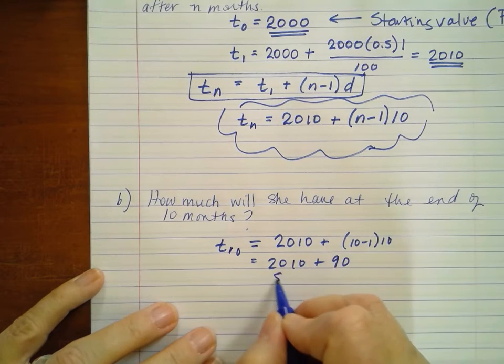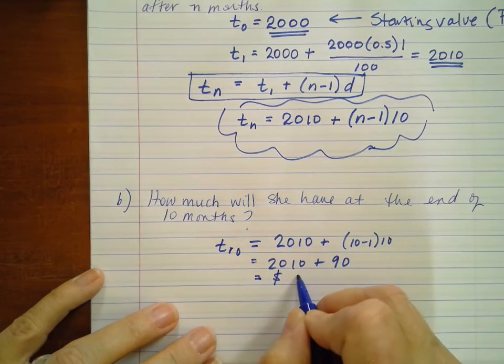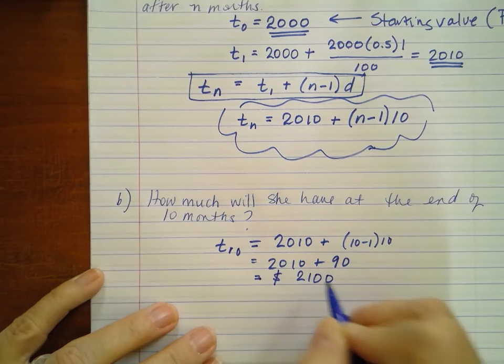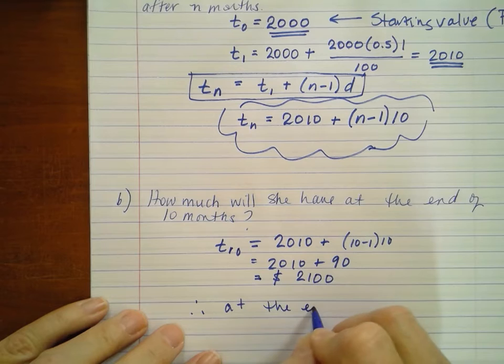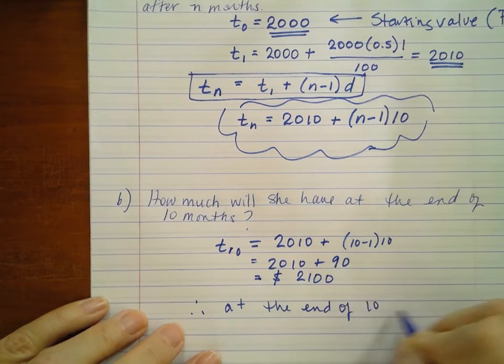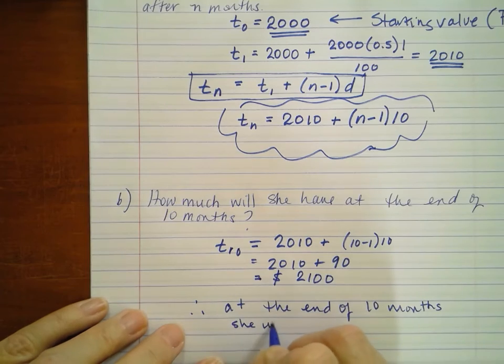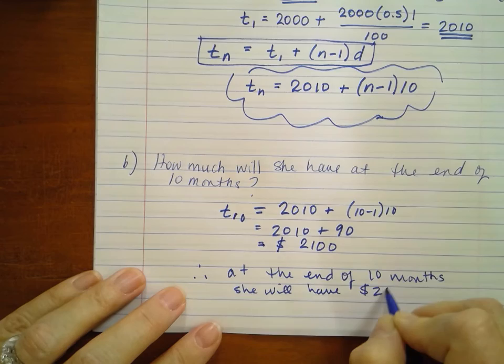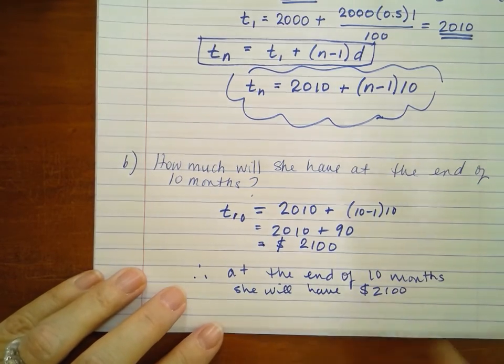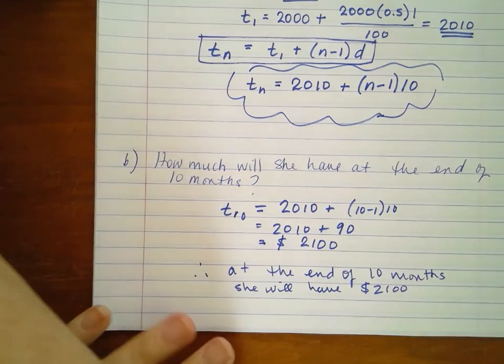So at the end of 10 months, she will have earned 2100. Therefore, at the end of 10 months she will have this much money. She started out with 2,000, and she made an extra 100. Great. That's video 1.